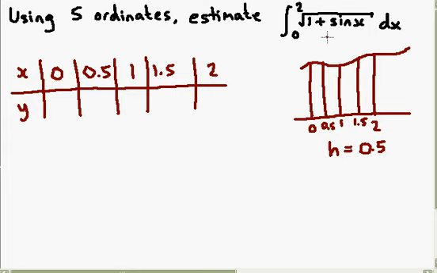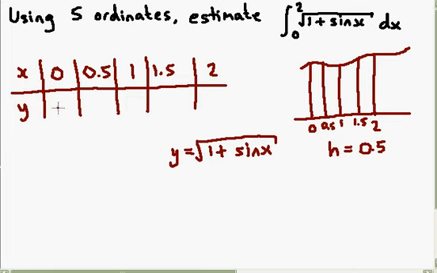Now, so effectively, what is y? Well, y is the actual function itself. So the square root of 1 plus sine x, the bit that's inside the integral. Okay. So when x is 0, sine of 0 is 0. So you get 1 plus 0 is 1.